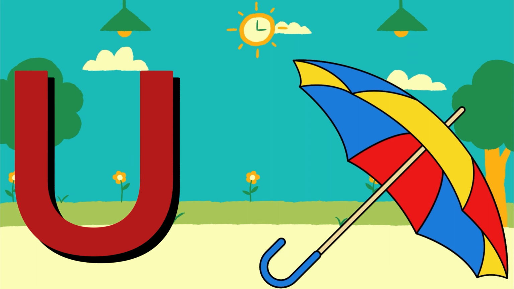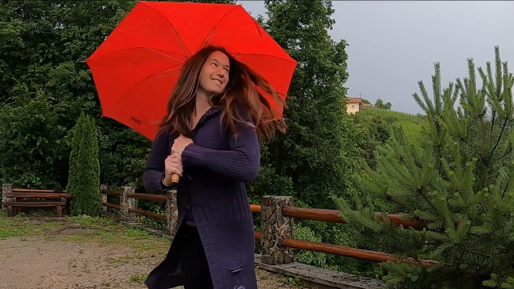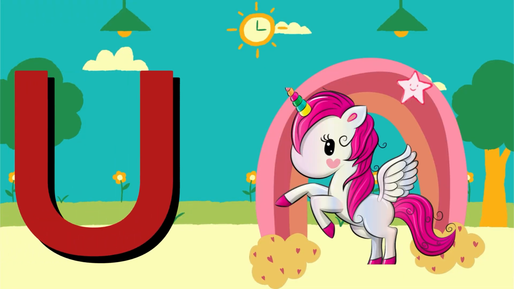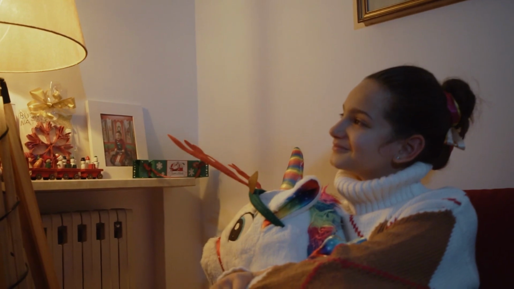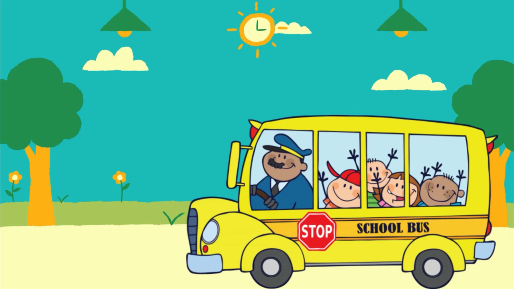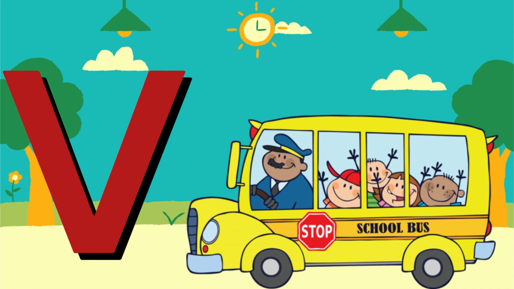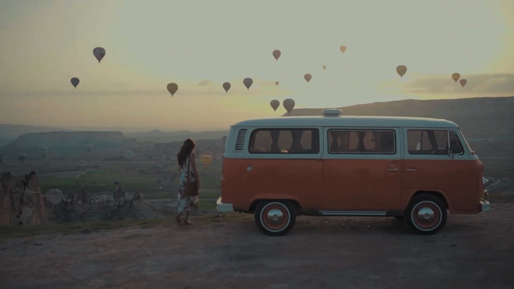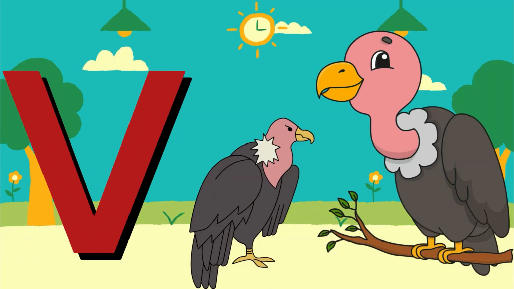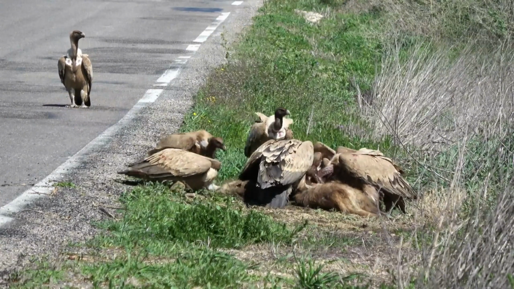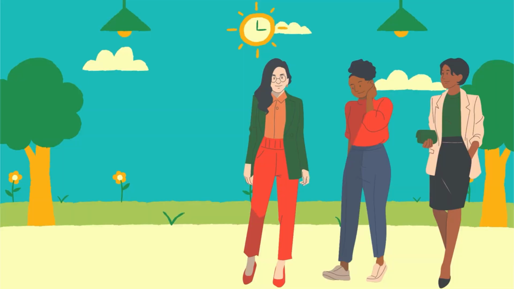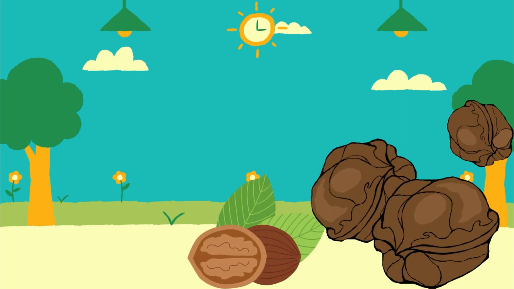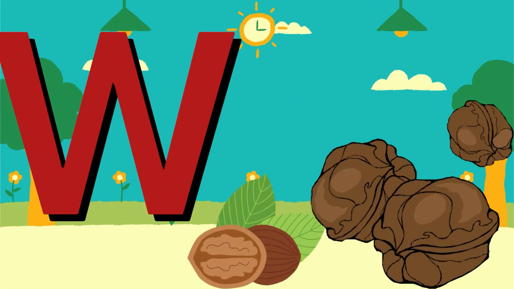U for umbrella. U for unicorn. V for van. V for vulture. W for woman. W for walnut.